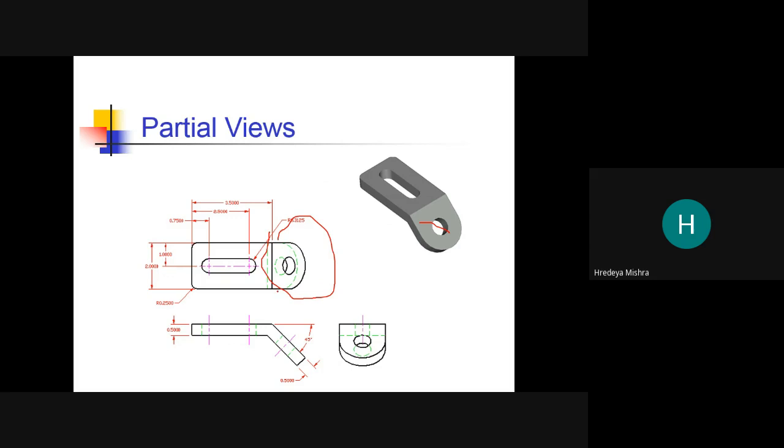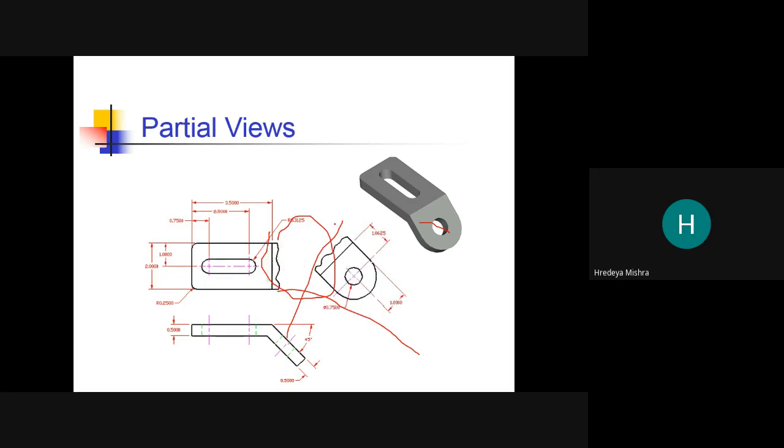We have to draw the incline parallel, but we need only this surface. We don't need all the object drawing. So this is the detailed or partial drawing, where we get the true shape of the hole and the face.